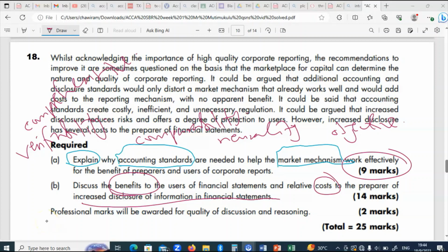Okay, but you also need to know that when you discuss the benefits, you do not only have to discuss them from the risk perspective. Sometimes you discuss these benefits from the profitability perspective. If we have got full information about a company, we are also in a better position to know if it is worthwhile to invest in them.